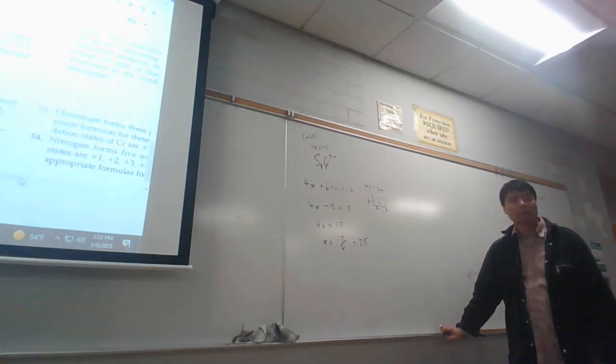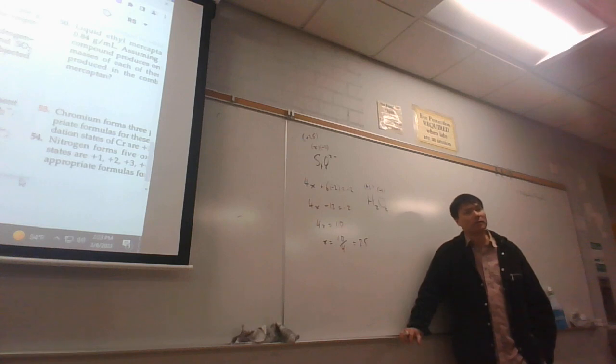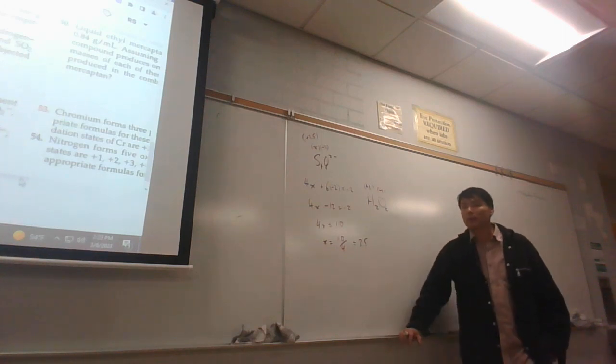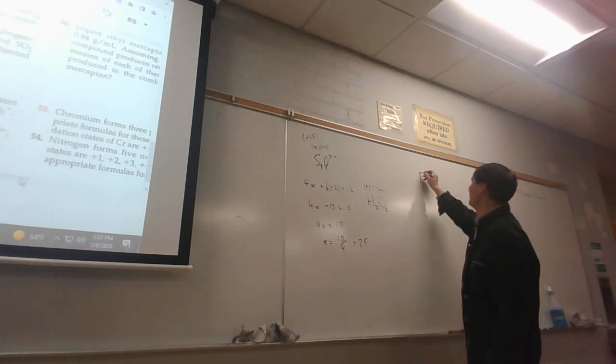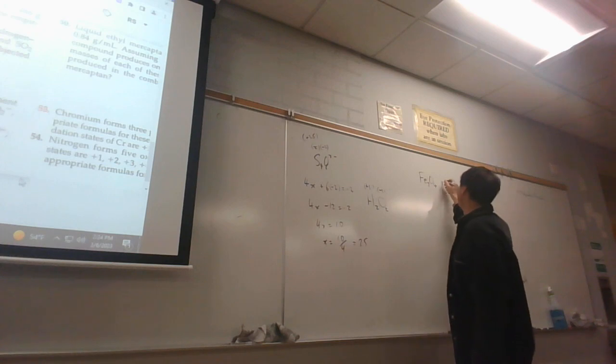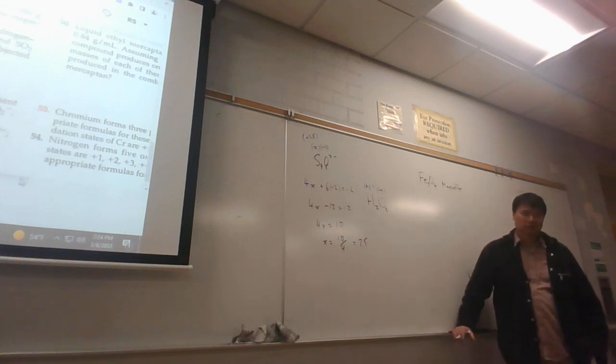Yeah. The average charge on carbon in acetic acid was 0, but when we looked at the structure, one carbon was -3, the other carbon was +3. And geologists know Fe3O4 as magnetite. What is the charge on iron?